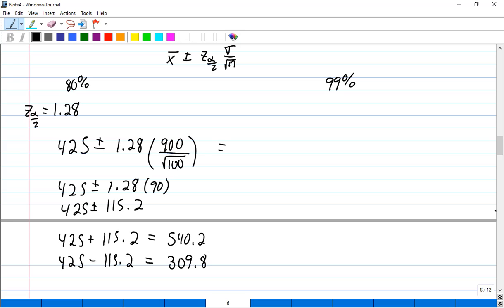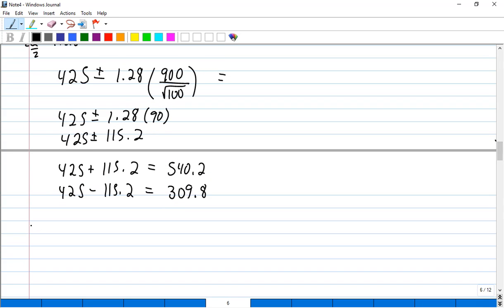All right, so if I wanted to write this in interval notation, remember in interval notation, your smallest number comes first. So it'd be parentheses 309.8, comma, 540.2. So that's one way to write that answer.